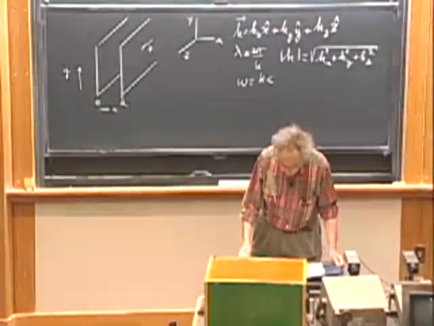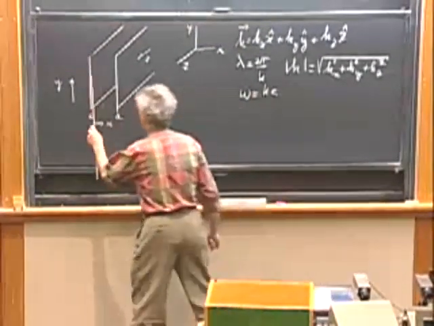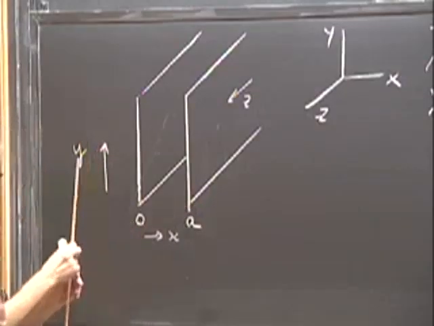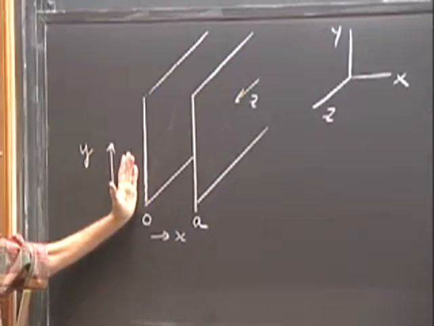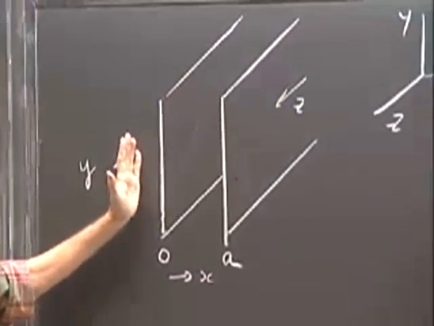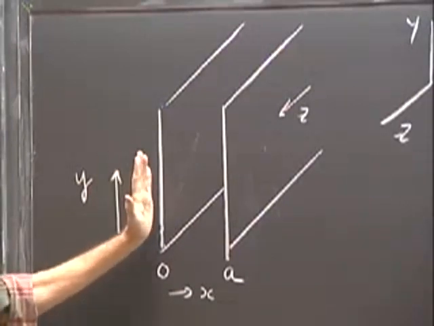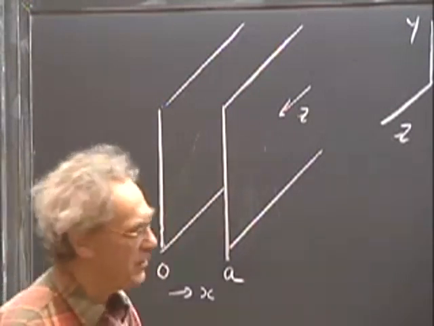So to meet the boundary conditions, the electric field, which is only in the y direction, must become 0 here and must become 0 there, because the electric field cannot be in its plane. You remember E of t, which was the tangential component at the surface of a conductor, must be 0. So E of y must vanish here, and it must vanish there.